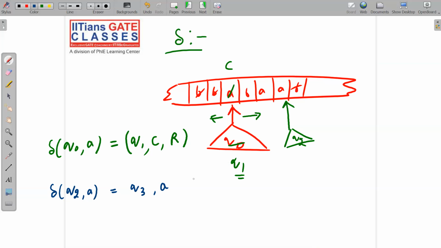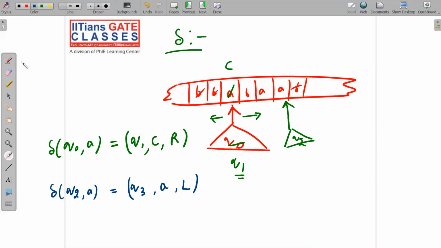And either left or right, so let me move left. Since we have a read write head, it is not necessary that the Turing machine should write something. No, it is not at all necessary. I have given you an example: delta q2 A means q3 A L.